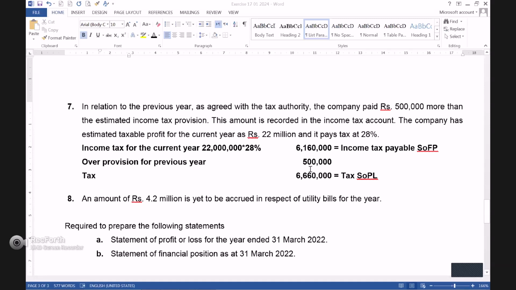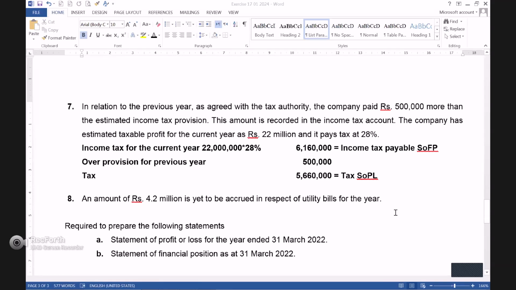You understand? Since you have paid additional provision, you have to deduct this one.